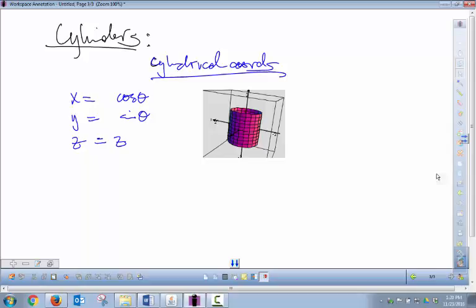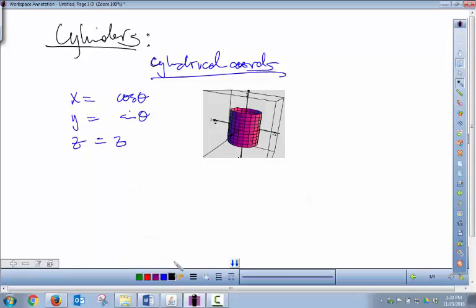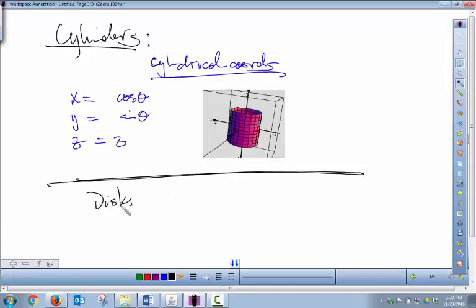All right, a cylinder cut with a plane. That gets a little trickier. I guess I should do one more. Discs. R and theta.